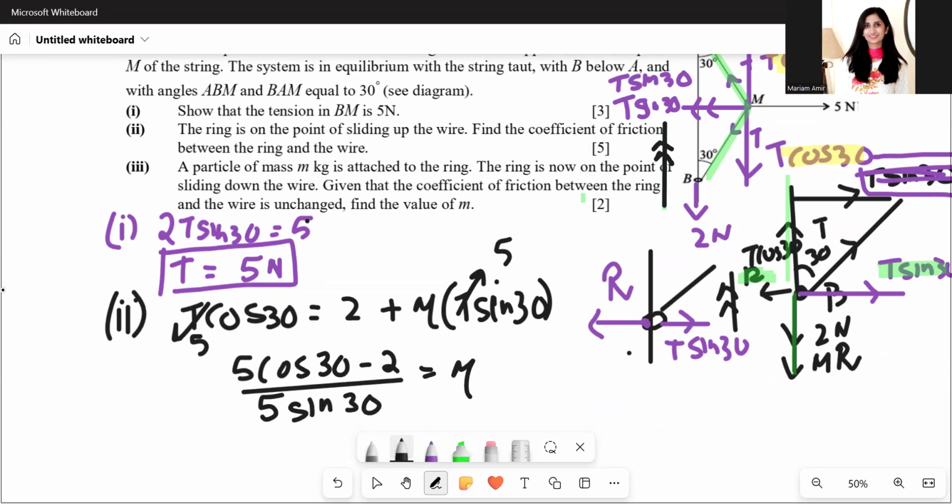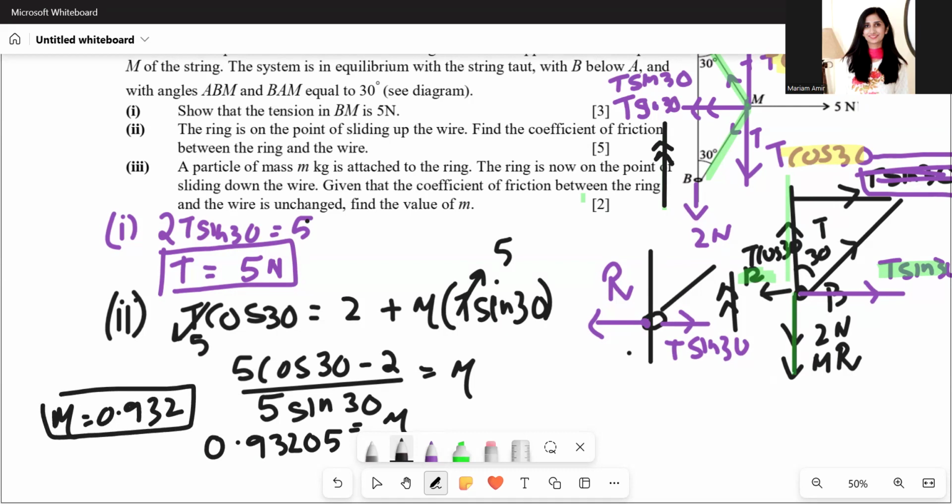That should give us the value of mu, the coefficient of friction. We get 0.932. Rounded, it is 0.93205. I'm writing the unrounded first and then the rounding. 0.932.